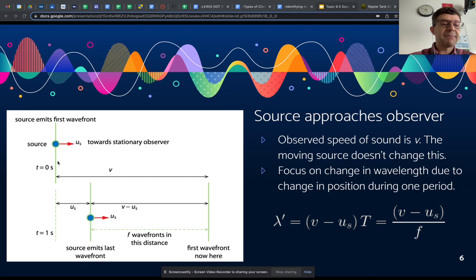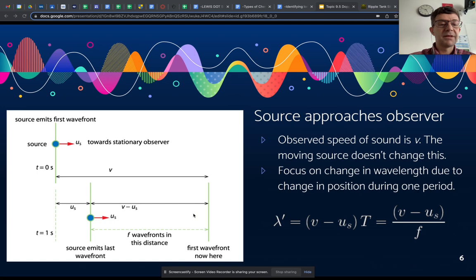The first thing that you can see is that the source moves. It moves forward a distance us because the speed is us and we're moving for 1 second. The second thing that happens is that the wave front that was emitted moves forward a distance v, because the speed of the waves is v, and 1 second has passed.